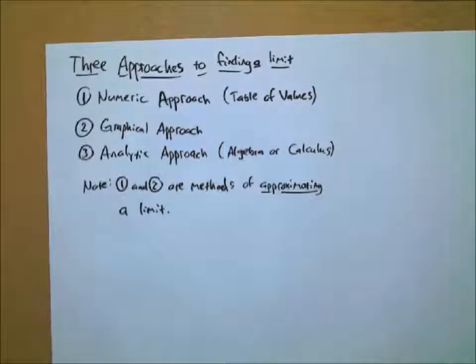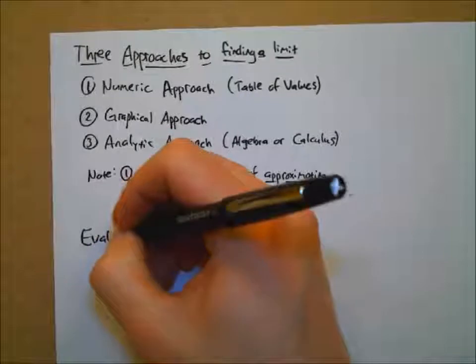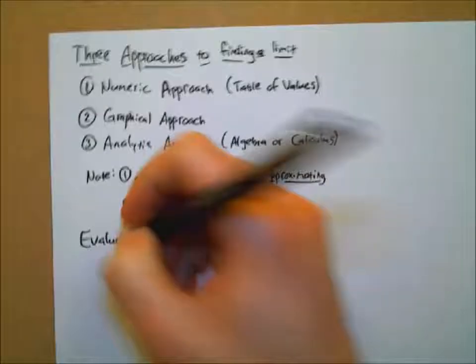In a way, the limits that we found in the last two examples are the limits, but technically, using a table or a graph, those are approximations. The two that we just did, we can back up with algebra later and show that they are in fact what we think they are. So let me get into a quick overview of evaluating limits analytically.